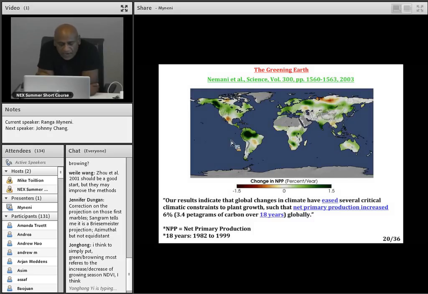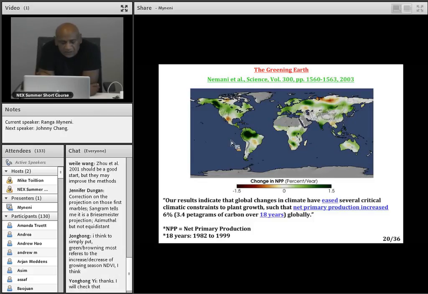And they write that our results indicate that global changes in climate have eased several critical climatic constraints to plant growth, such that net primary production increased by 6% over the 18-year period. I will explain in the next slides what it means.